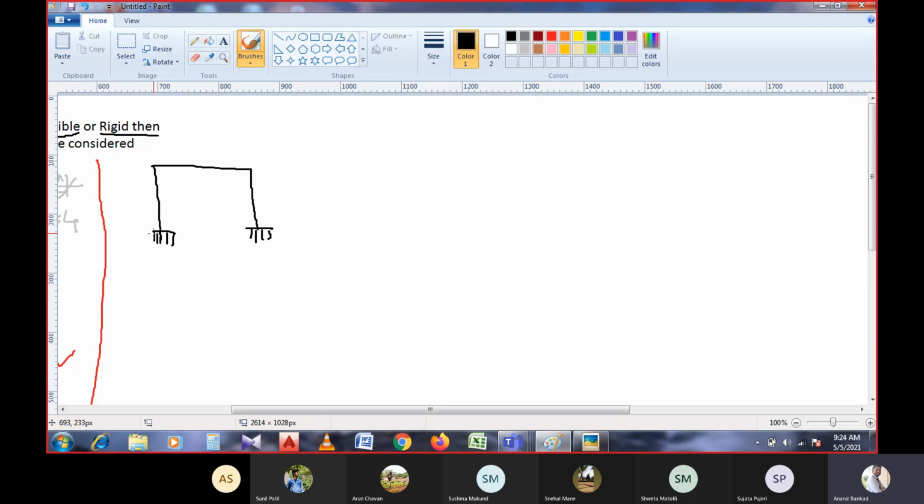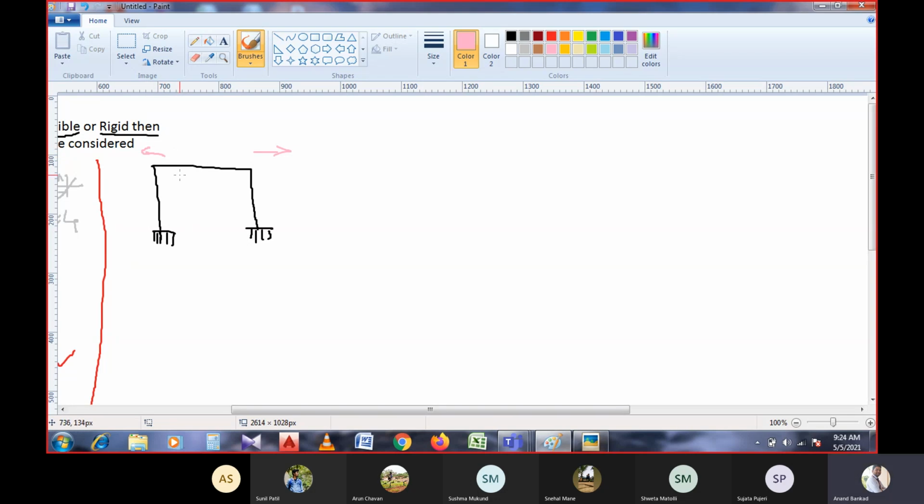So if you consider this member, if you can observe the cursor, I am showing that. If you observe this member, it is not allowed to move in the y direction. Am I right? Because of the connection of this member, it is not allowing movement in the y direction, and this member is also not allowed to move in the y direction. And if you consider the beam in this frame, the beam will not be allowed to move in either of these directions.